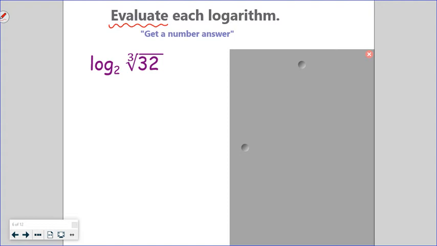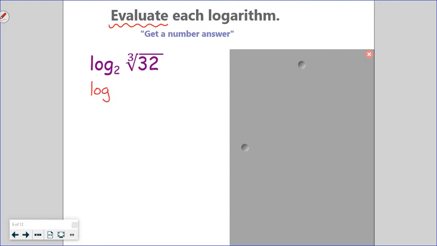But using the properties that we learned today can make a problem like this way easier. Something like this, initially I would have thought of it as 2 raised to something gives me the cube root of 32. I don't know what that is. I can't think of that exponentially. But if I utilize some of my logarithmic properties, you can make this a lot easier to think about.